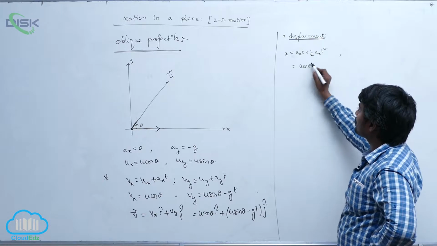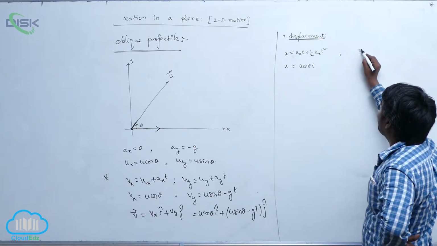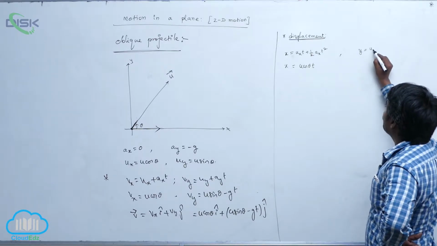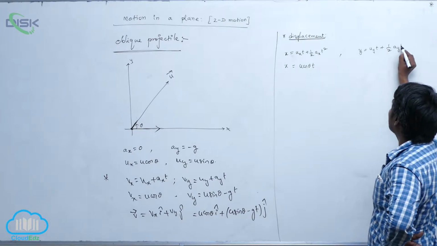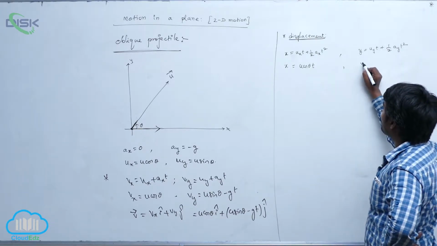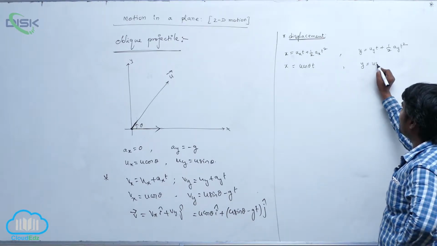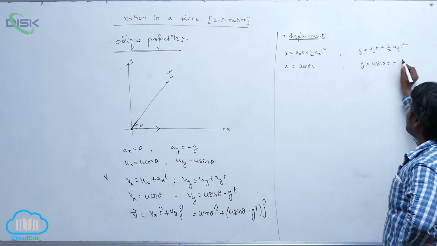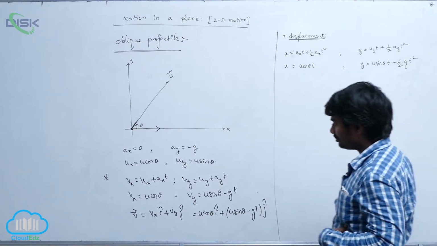Now y displacement is equal to uy t plus half ay t square. That means y is equal to u sin theta t minus half g t square.